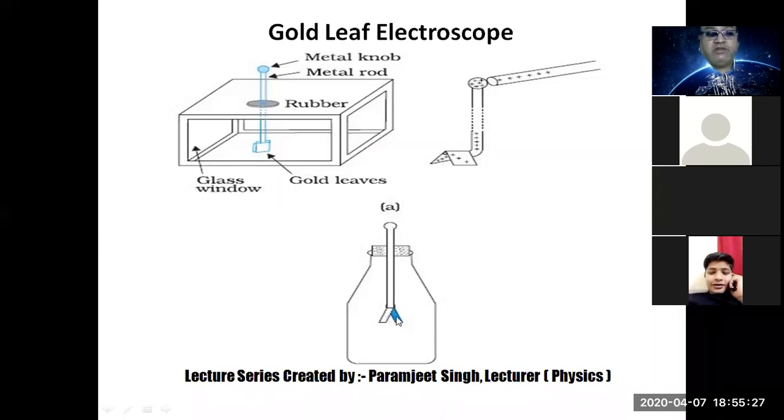These are two aluminum foils. Normally, in labs we have an electroscope having gold leaf. Leaf means patte. These are leaves. You can make it. Now what will happen? We will see later.